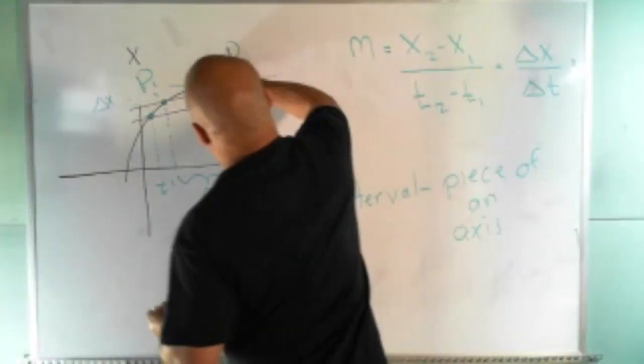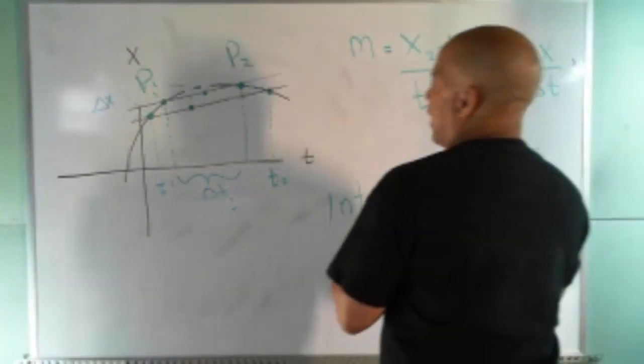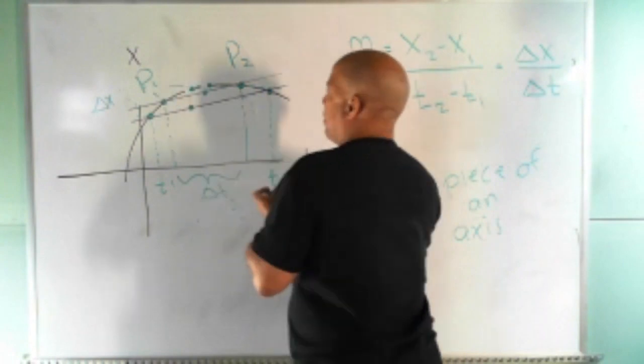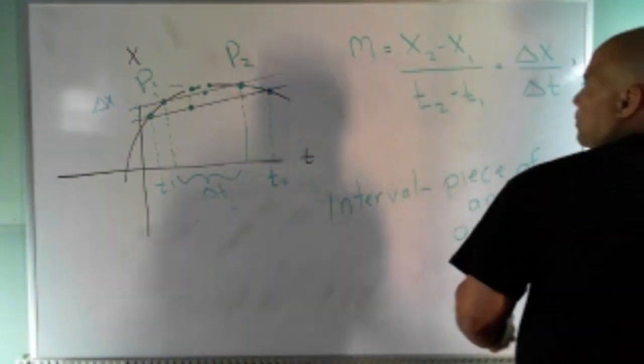Maybe I take P2 and P1 and put them right here. I got one here and one there. So now when I draw my secant, what does that look like? Well, it looks like this.